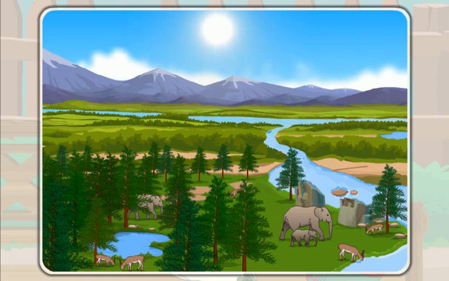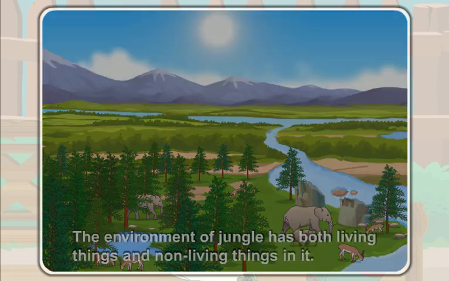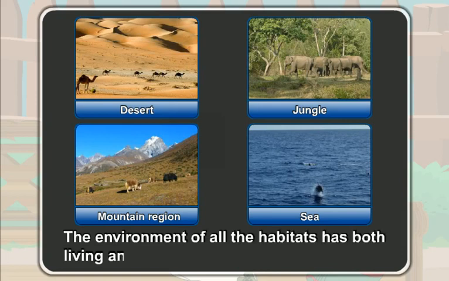Thus, the environment of jungle has both living things and non-living things in it. The environment of all the habitats has both living and non-living things in it.